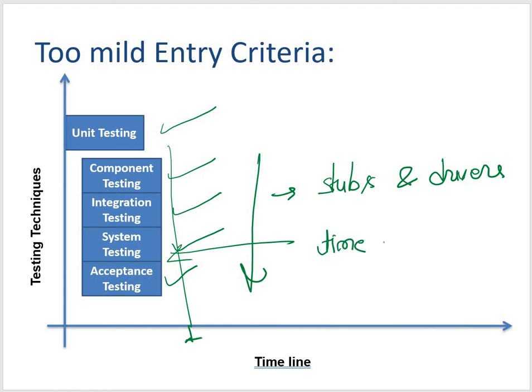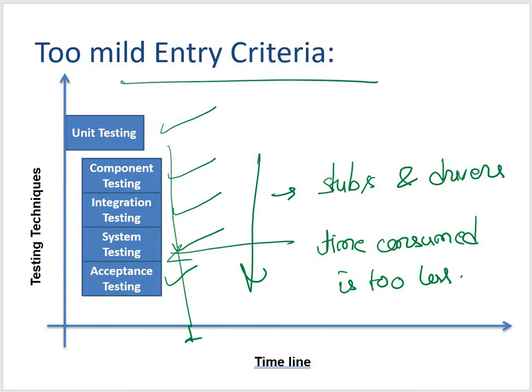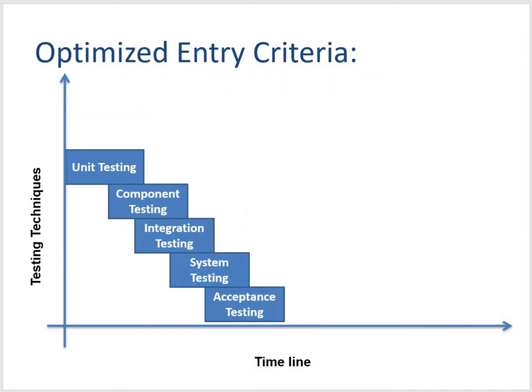And when something is not ready, I'll go for one of the other things. So in some sense the time consumed is too less, but your testing is not that proper, right? So it's too mild.